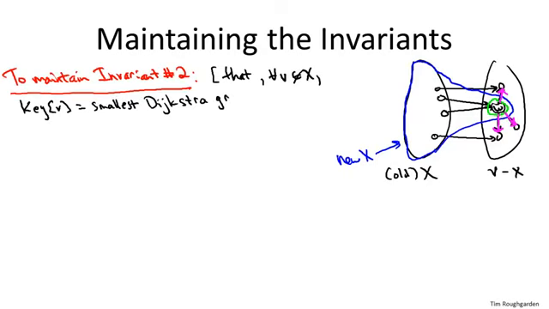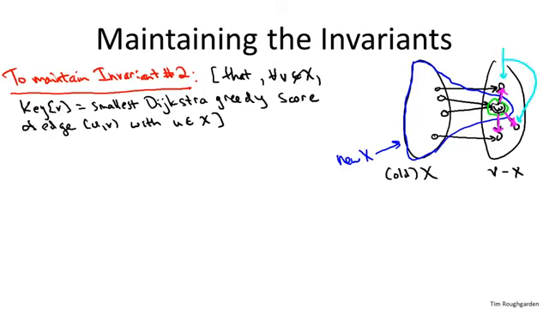As a result, the appropriate key value for vertices in the heap might be smaller now that W has been moved into X. And the candidates for the vertices in the heap whose keys might have dropped are precisely those vertices on the other end of edges sticking out of W. So summarizing, the fact that we've added a new vertex to capital X and extracted something from the heap has potentially increased the number of crossing edges across the frontier, and therefore for vertices that remain in the heap, the smallest greedy score of an edge that sticks into them from the set X might have dropped.